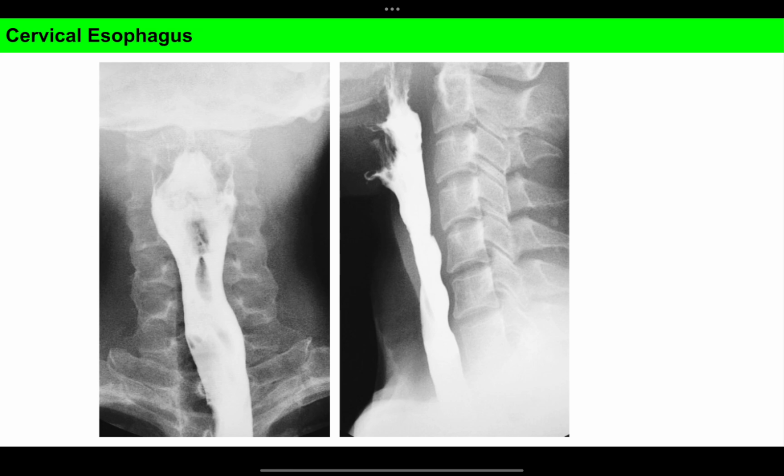This is the radiological anatomy, or X-ray anatomy, of the esophagus, and you can see the cervical esophagus in this image.